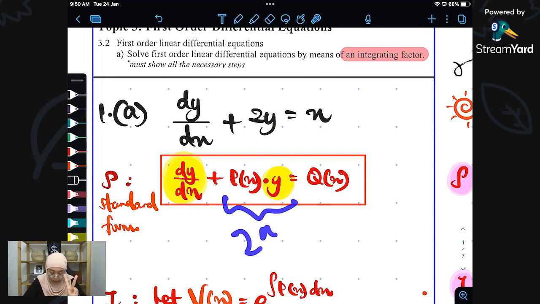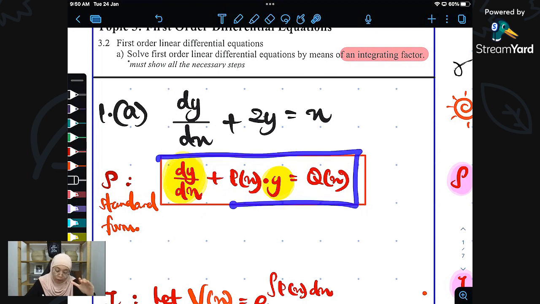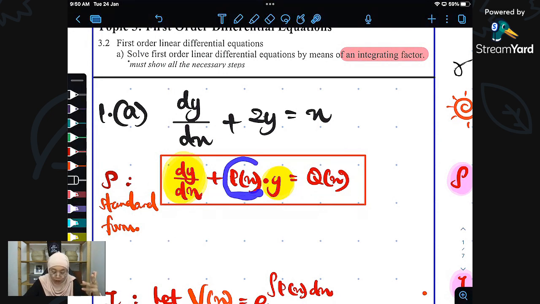You must remember this form: one coefficient of dy/dx, plus p(x), which is any function, times y, equal to any function.